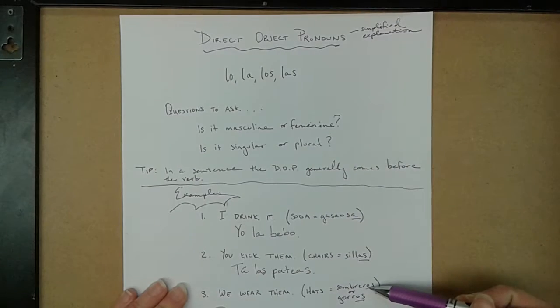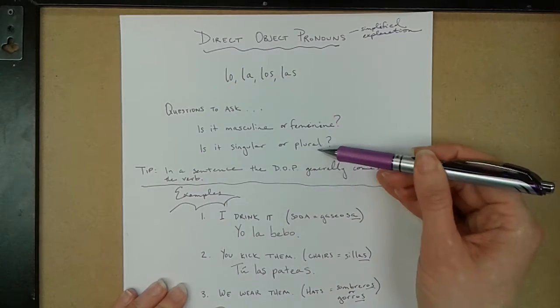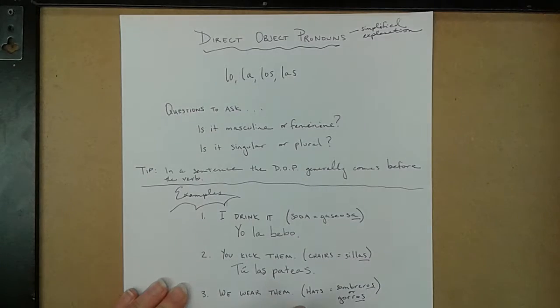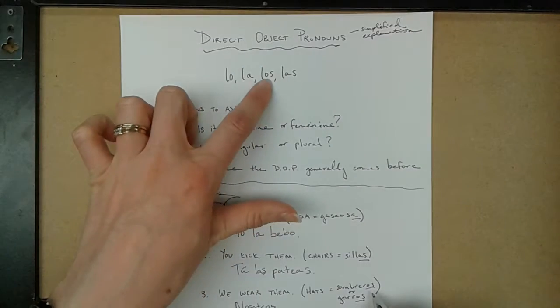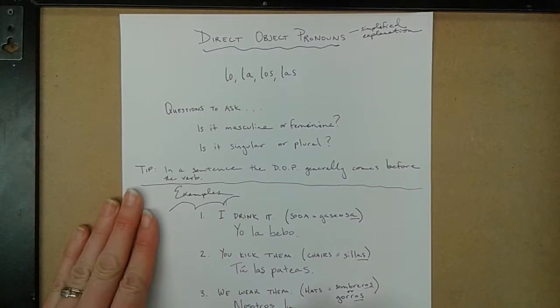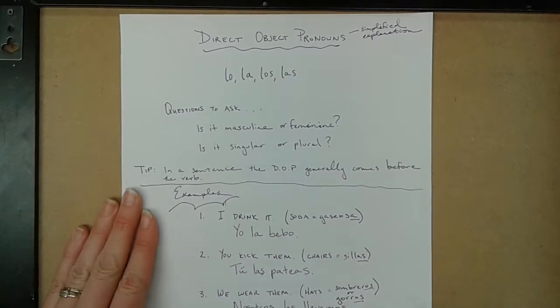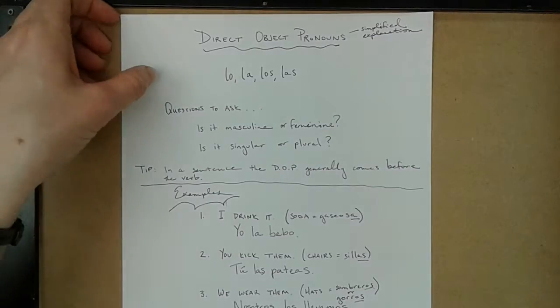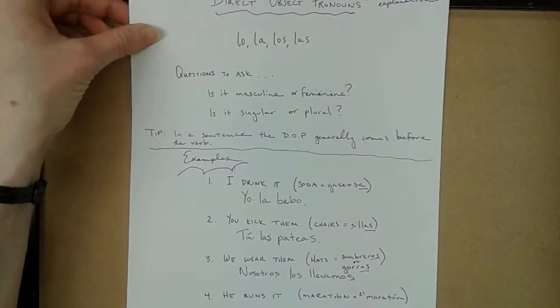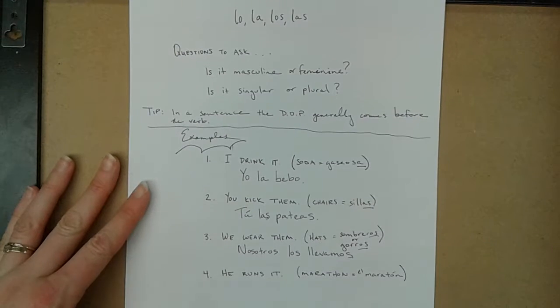The O means masculine, S means that it's plural. All right, so we, nosotros. And then we're going to do our pronoun first, which is OS at the end, so it's los. Nosotros los llevamos. Nosotros los llevamos.